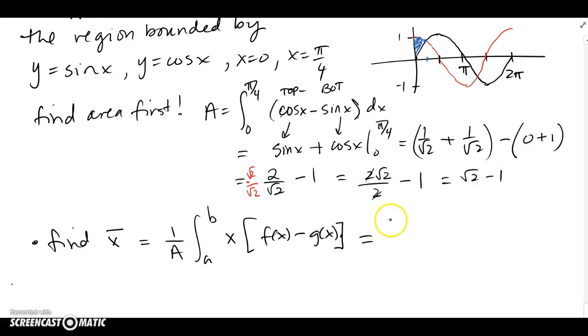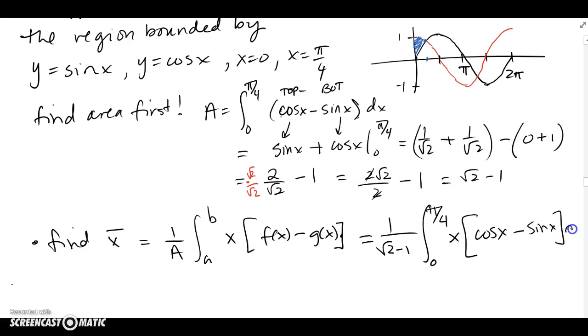Okay, let's find x bar. That's going to be 1 over the area times the integral from 0 to pi/4 of x times the top function, which was the cosine function, minus the bottom function, which was the sine function, dx. Now, since the directions said approximate, I feel okay to go ahead and use my TI on this.